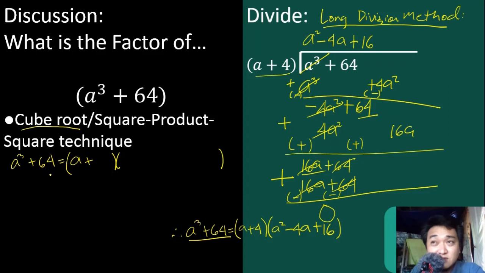Now, what is the cube root of 64? Again, 64 is the same as 4 times 4 times 4. It's the same as 4 cube.